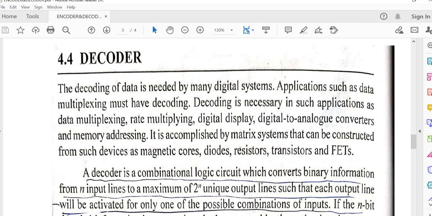So let's begin. What is a decoder? Why is it used in computer science? All this will be discussed in today's video.